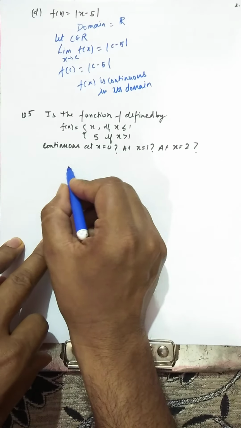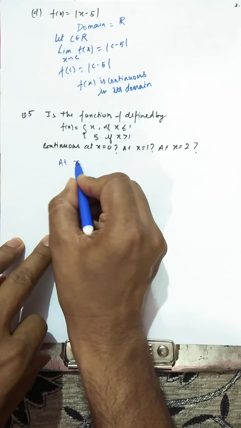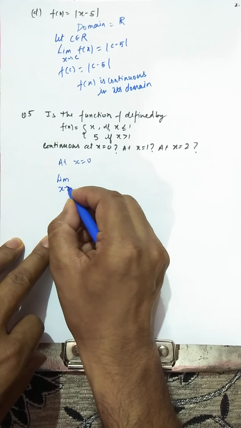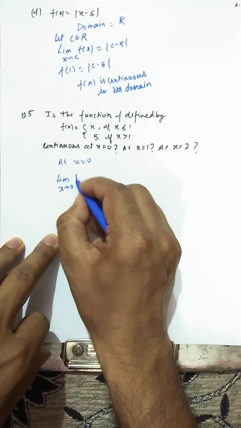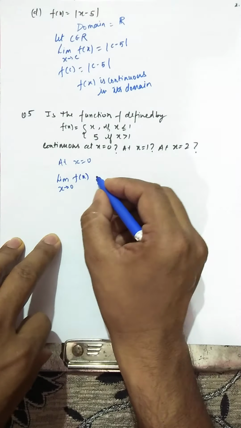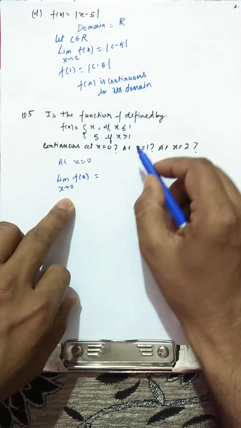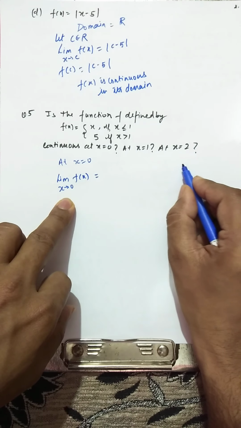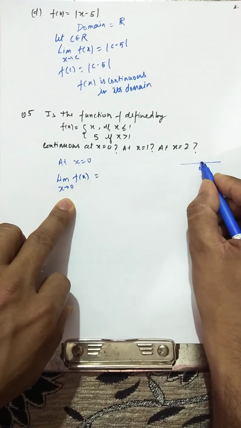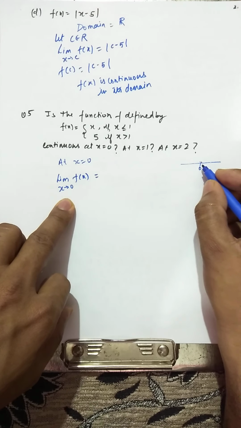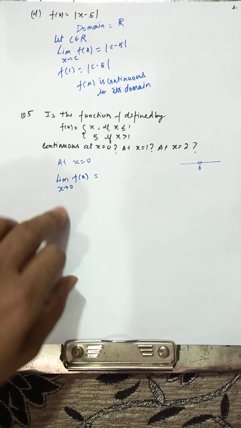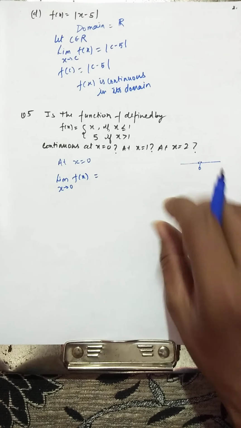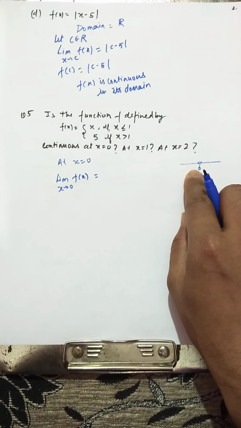So I am taking x equal to 0. I am going to find limit x tends to 0 of f(x). Now you see that x tends to 0 is less than 1. x tends to 0 means x can be more than 0 but a very small value, and it can be less than 0 by a very small value.